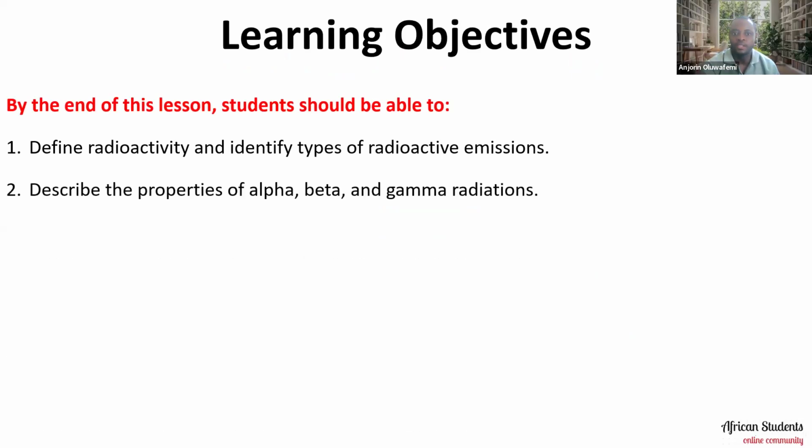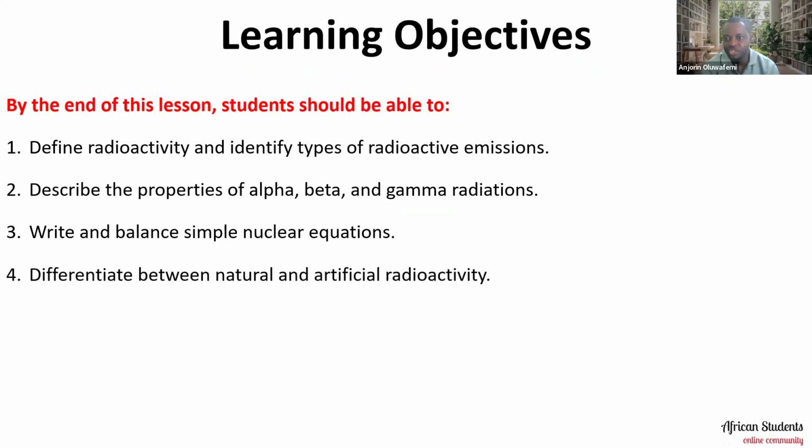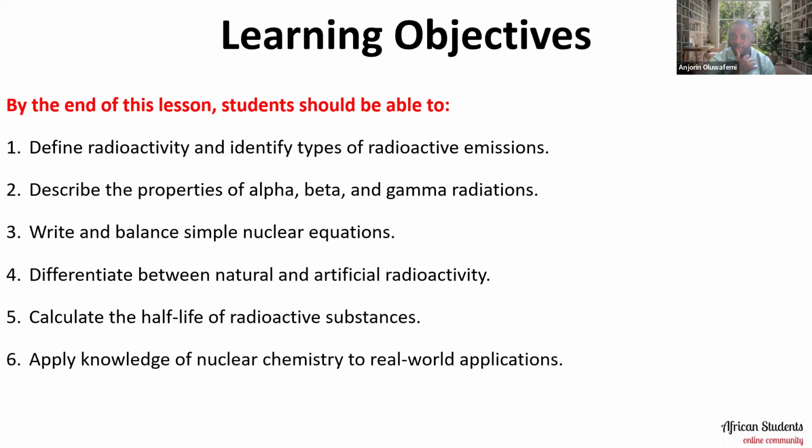The second one is that we should be able to describe the properties of alpha, beta, and gamma radiations, and then write and balance simple nuclear equations, and differentiate between natural and artificial radioactivity, and be able to calculate the half-life of radioactive substances, and then apply the knowledge of nuclear chemistry to real-world applications. So these are the things that we're going to be covering in the course of our lesson on this topic.